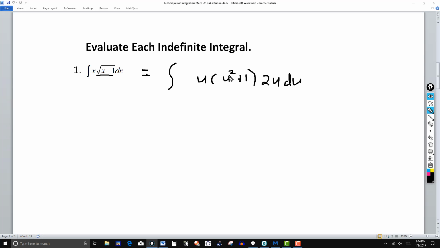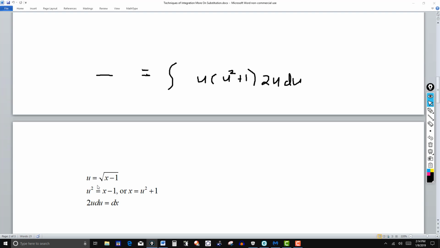And then the dx is replaced by 2u du. Okay, so that's using these substitutions right here. u equal to square root of x minus 1. u squared then is equal to x minus 1, which means x is equal to u squared plus 1. And then dx is 2u du.